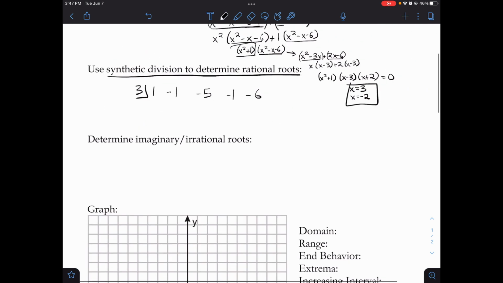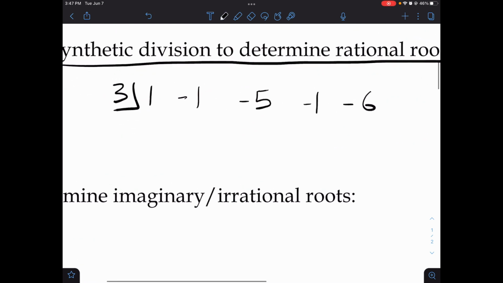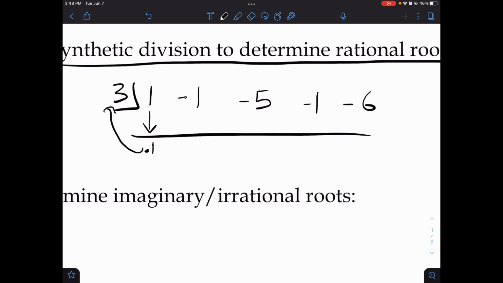Now, if this is actually a root of this function, the remainder after I divide will be a 0. So to do synthetic division, we first pull down the first term and we get a 1 right here. Then we multiply this term by this term, so we get a 3.